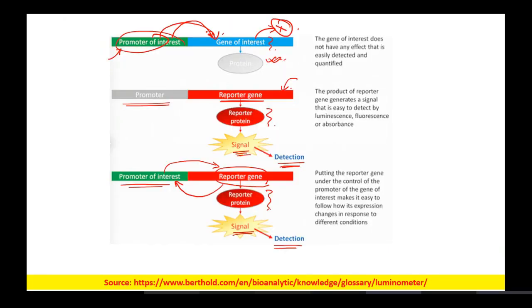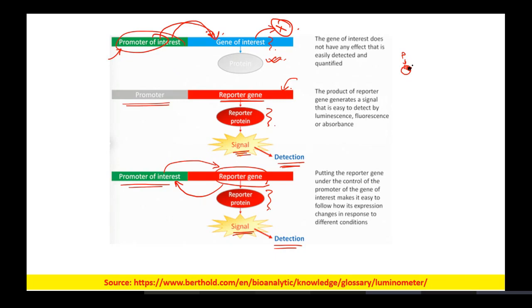Okay. So what happens? Many of you must have heard about the plasmids. So what you do in the plasmids, there are two areas: the promoter area, then this gene of interest. I will mark the gene of interest as black.